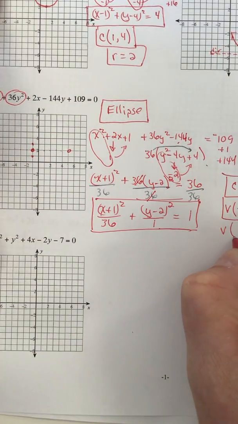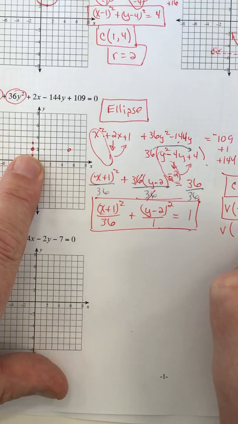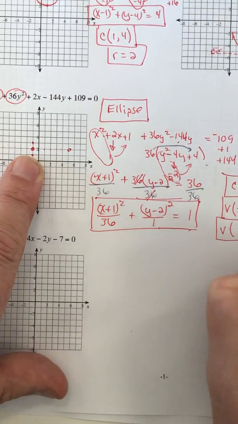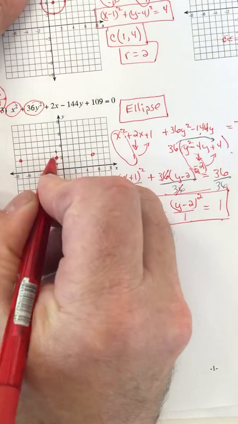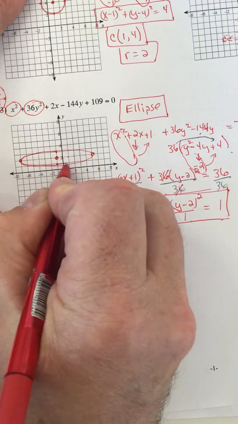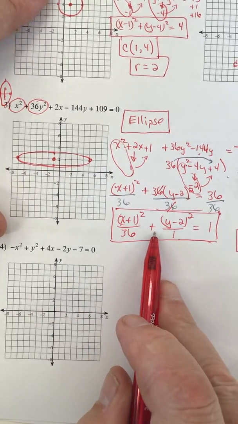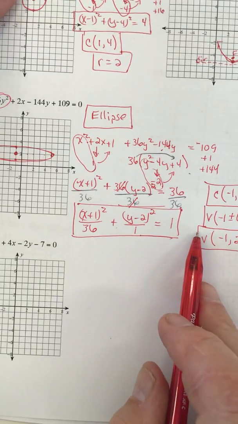So the other vertices are at -1, and then starting at the 2, they went up and down 1. Okay, so there's our picture. So we have the equation, we have the center, and we have the vertices, all 4 of them.